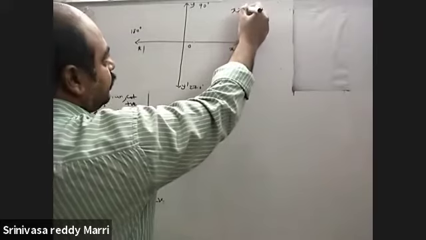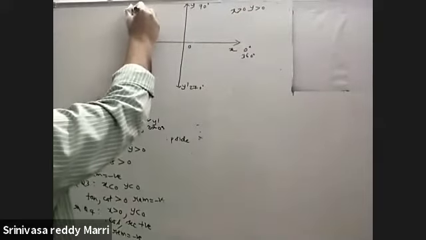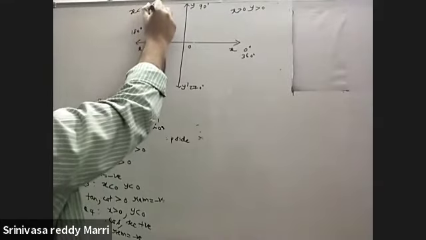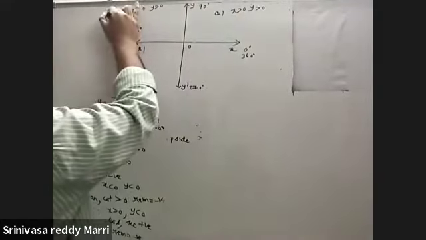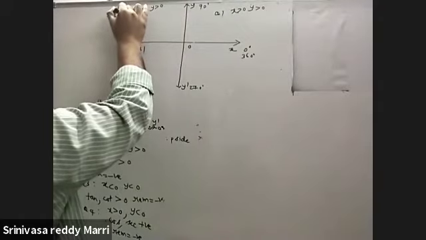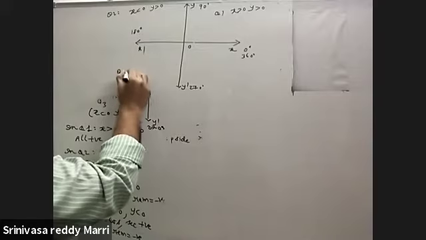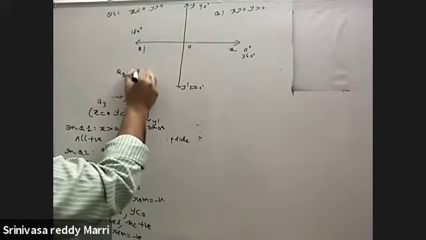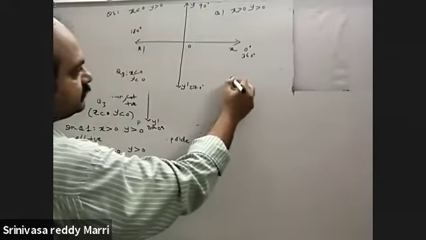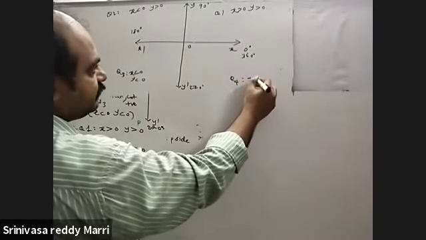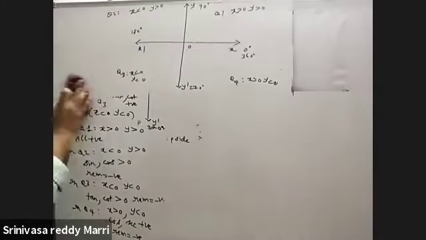Here x greater than 0, y greater than 0. Here x less than 0, y greater than 0. This is quadrant 1, this is quadrant 2, this is quadrant 3, x less than 0, y less than 0. In quadrant 4, x greater than 0, y less than 0.